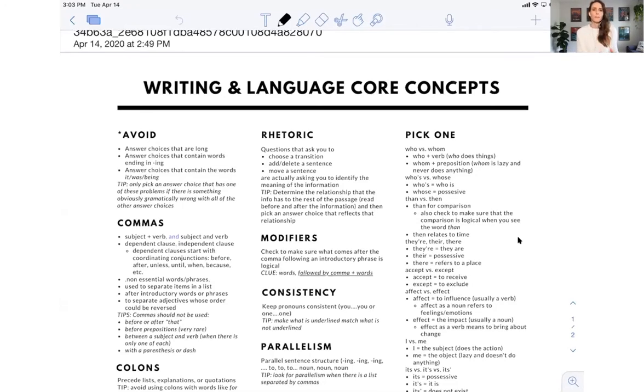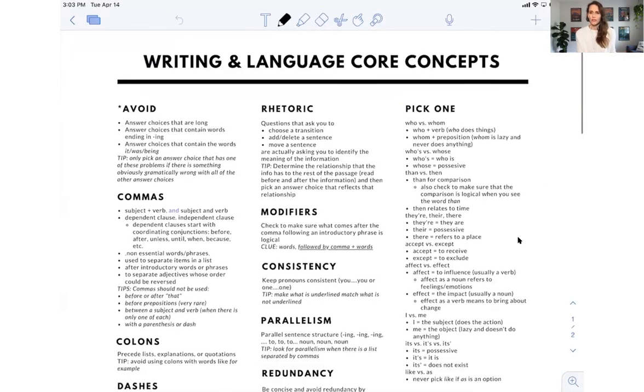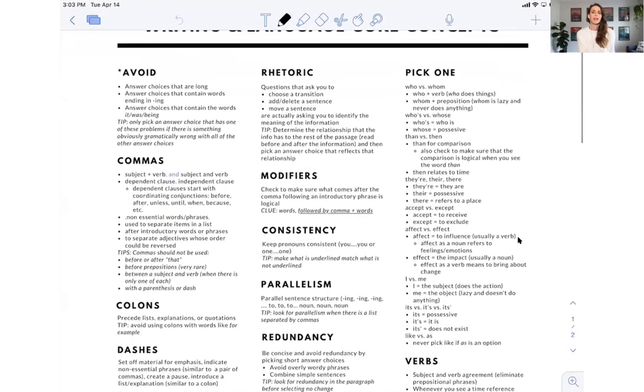So this is going to be the main thing that you're going to want to study and reference the day of the SAT or the day before you take the SAT, if you just want a quick little review. The writing and language core concepts handout is not designed to teach you the concepts. It's designed to be a reference for you to quickly review the concepts or just see, do you actually know these things?